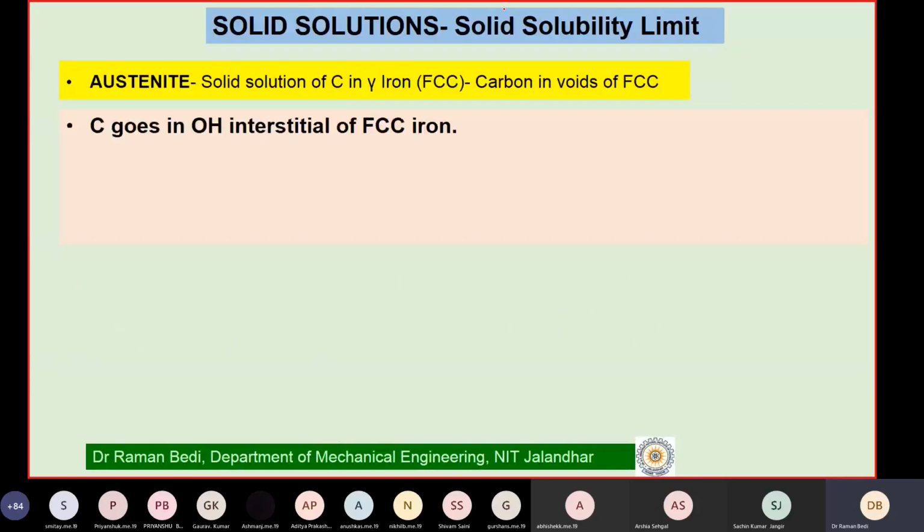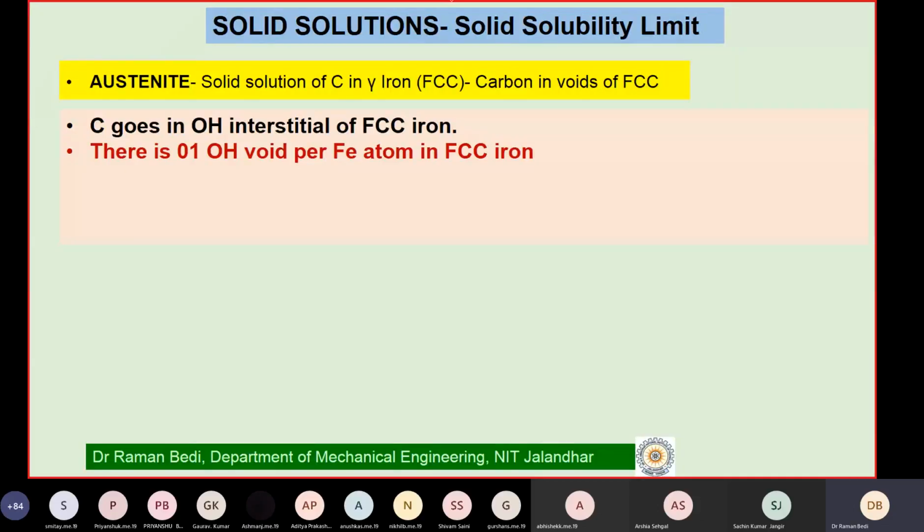Okay, so coming to this again, we already have said that the carbon goes into the octahedral sites of your FCC iron, and going by that, we already said that there is one octahedral void per iron atom in your FCC iron. We already have calculated this.